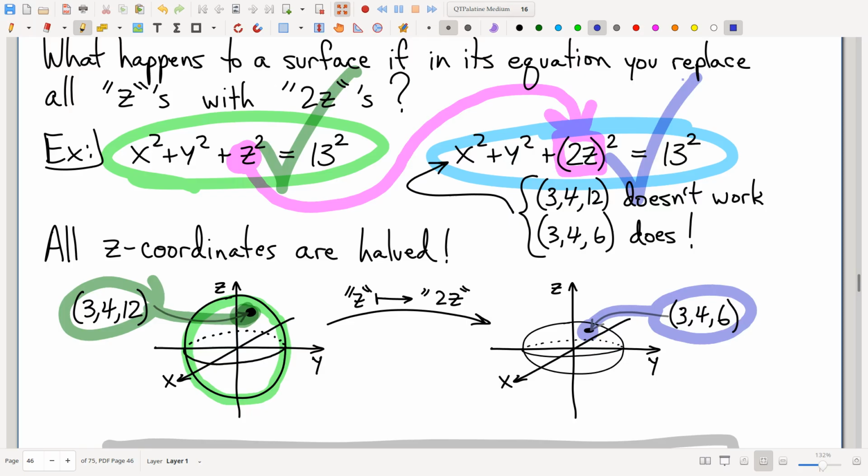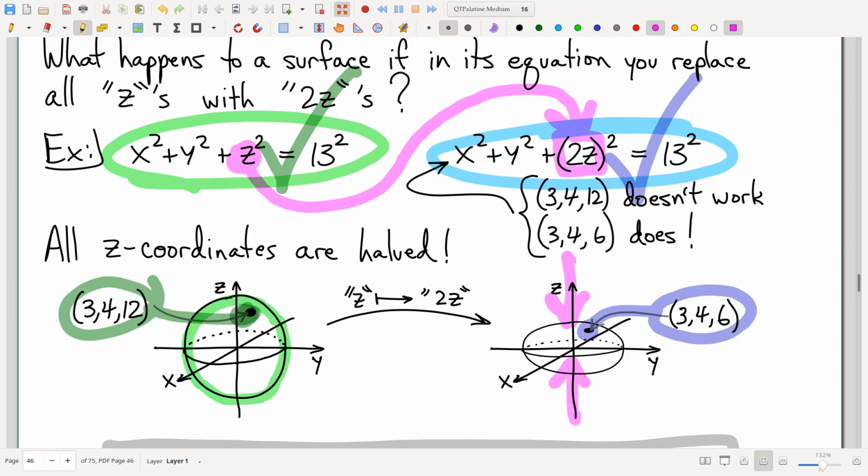Everybody see what I did there? It's a little smart-alecky, but whatever point you give me on the sphere, I can play this game and produce a new point that will solve the new equation. So I have a one-to-one correspondence between points on the old surface and points on the new surface, and the way those relate to each other is I just divided the z-coordinate by 2.